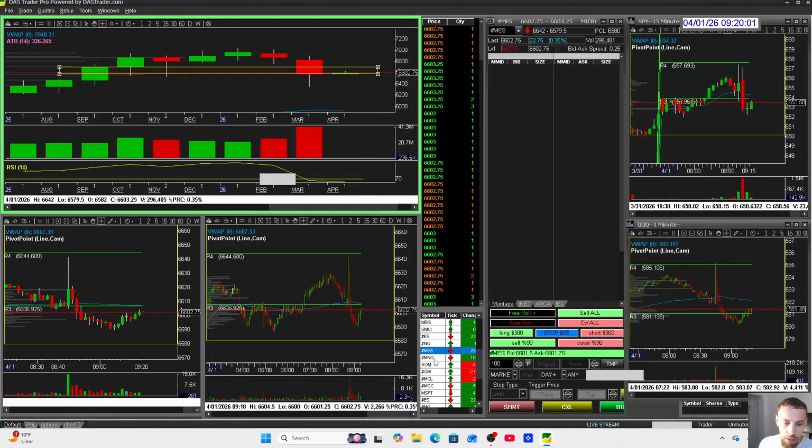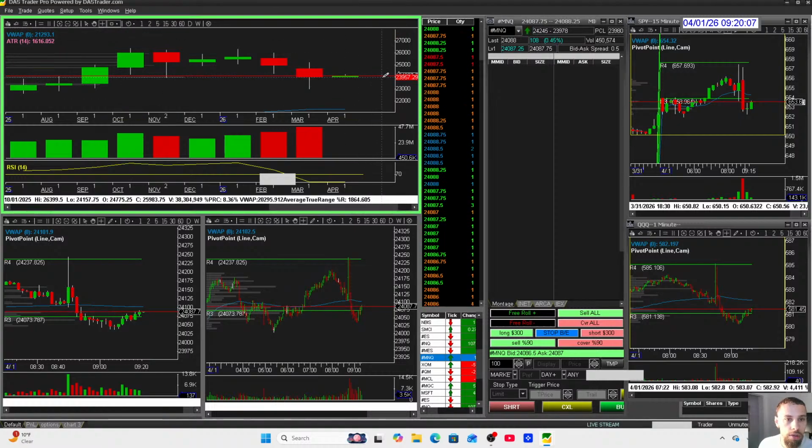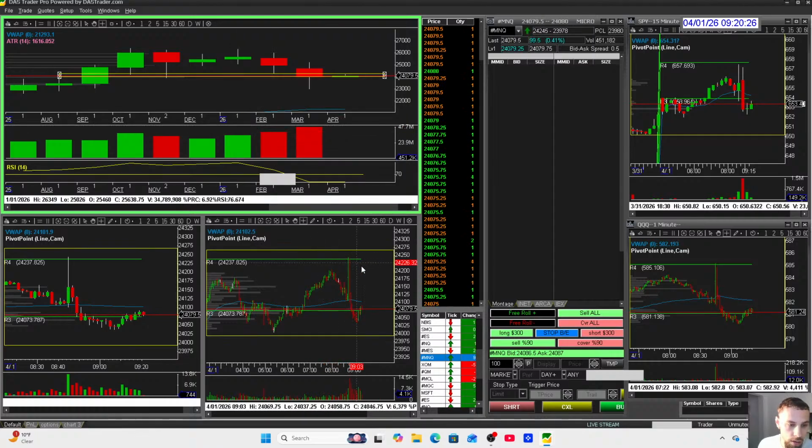Let's look at MNQ. Going to get the box going there. So area of support 23,991. Area of resistance, hard to judge based off of this here.